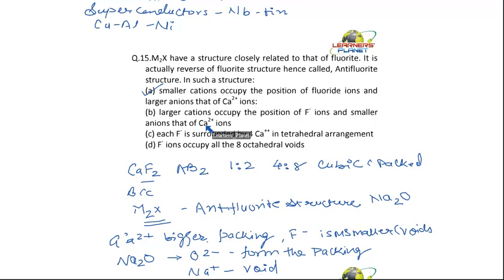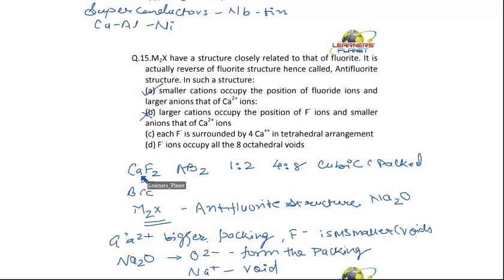Each fluoride is surrounded by 4 Ca2+ in tetrahedral arrangement. Is it the thing? Each fluoride is surrounded by 4, right? But it is not octahedral. Fluoride ions occupy all the octahedral voids?